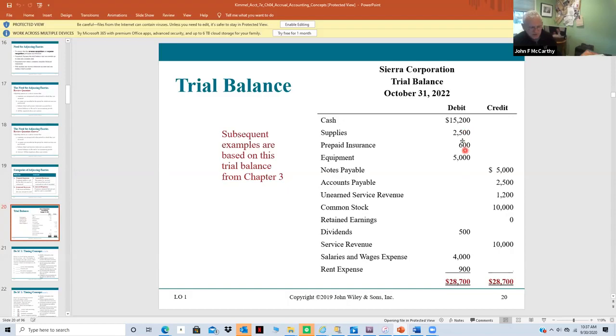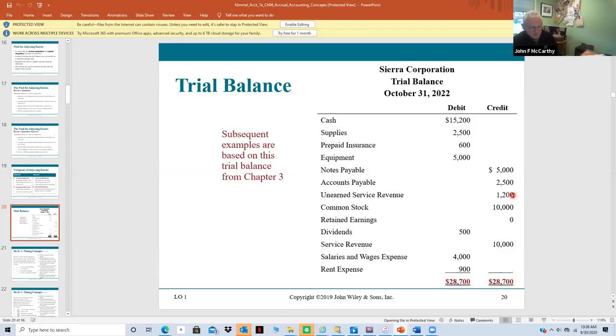For prepaid insurance, we have this amount, but we know that's going to expire on a monthly or daily basis, but we'll prepare the financial statements once a month. We have equipment. We talked about how we'll have to record depreciation. It doesn't record itself. We have to record depreciation every month. Unearned service revenue, we'll have to evaluate whether we've gone ahead and earned it.